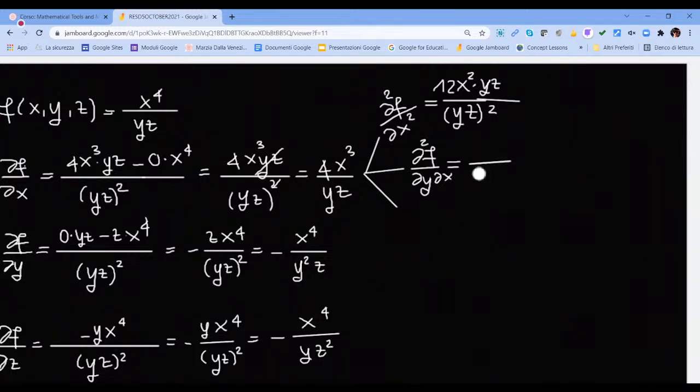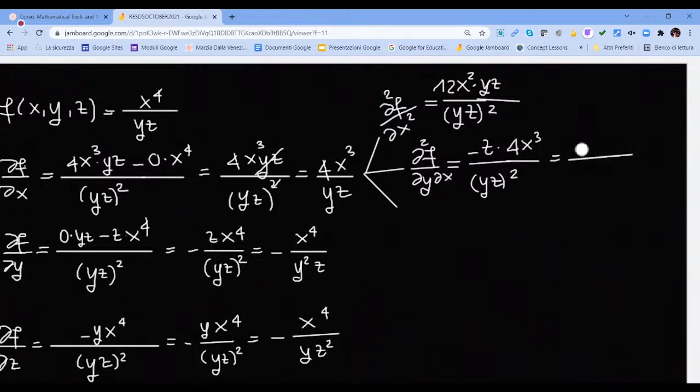You have to write again the denominator as it is, and then you have to derive the numerator, but it is 0, so it doesn't matter, minus the derivative of the denominator with respect to y, that is z, and then multiplying by the numerator, 4x to the third.